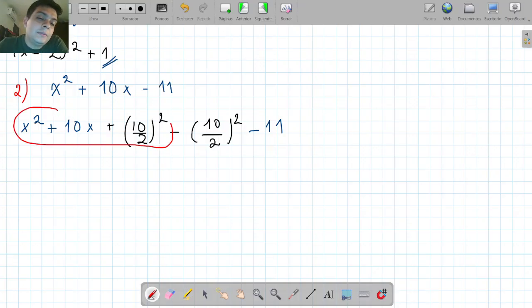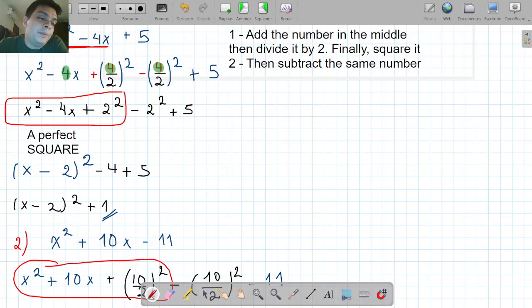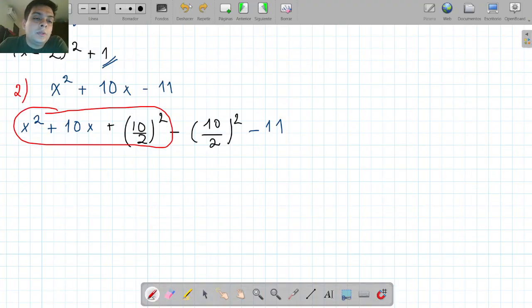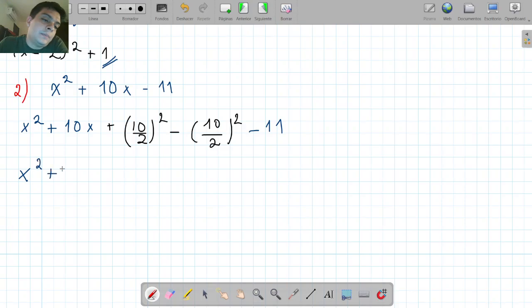Okay, so this is going to be, again, all of this is going to be what we call a perfect square. So if we do the following thing, this is going to be 5 squared minus 5 squared. Again, this is going to be a perfect square, and a perfect square, what do we have to do?